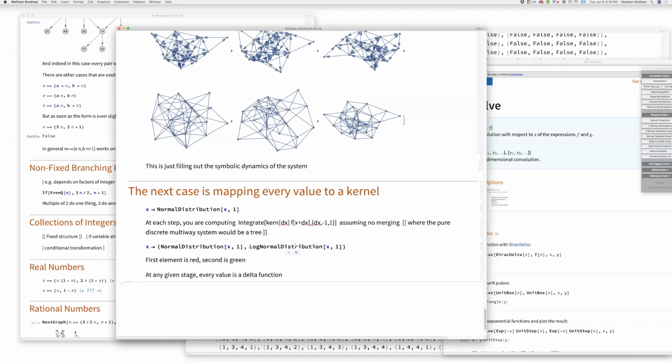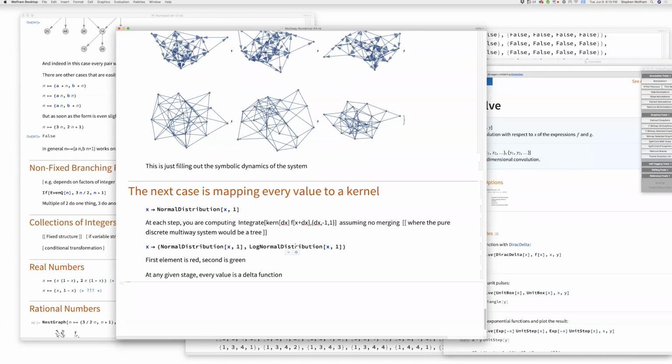So the distribution has some probability P of X, which you could normalize. That's normalizing the path weights. So for every value of X, you are always taking minus the overlap. It's some kind of probability distribution.